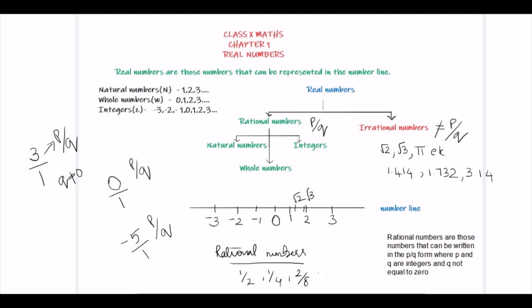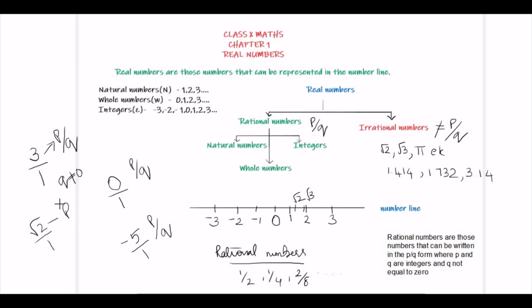I would like to add one important note here. Many of you may think, why root 2 cannot be represented in the form P by Q. So we'll just check. Root 2 by 1. This you may think is of the form P by Q, but here in place of P you have root 2.